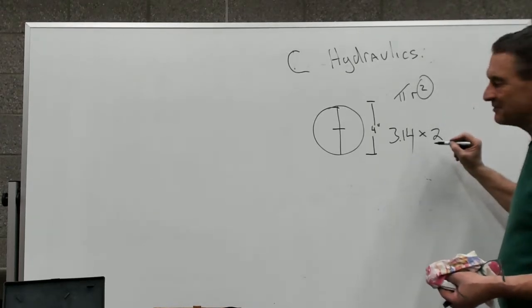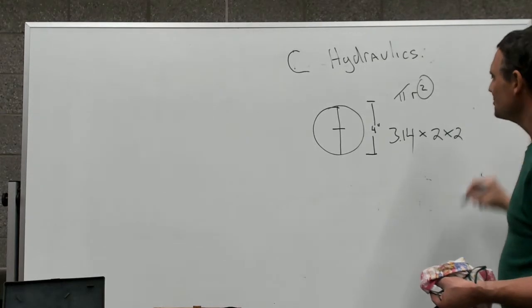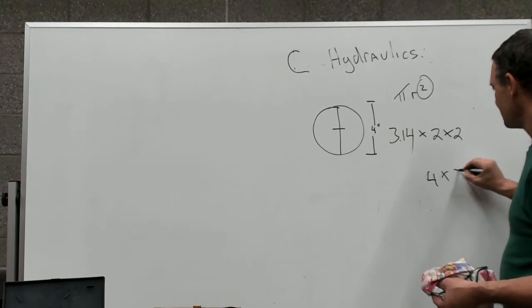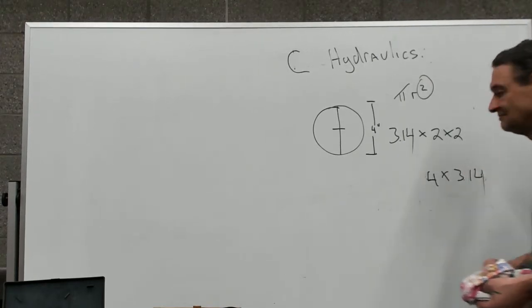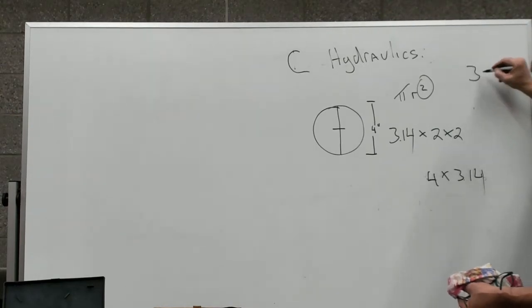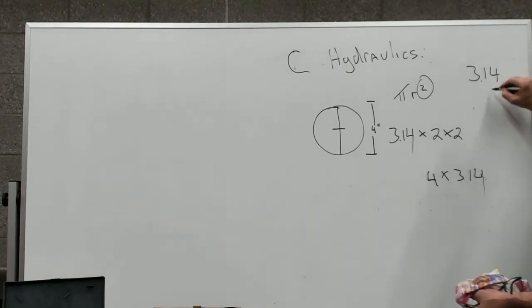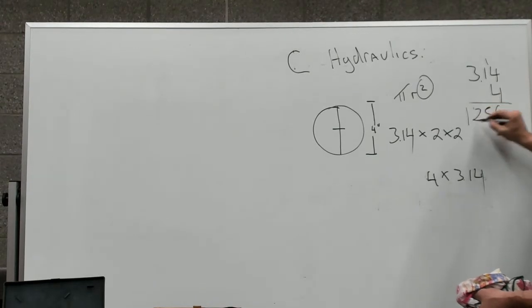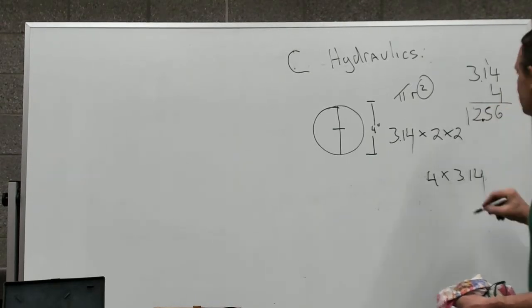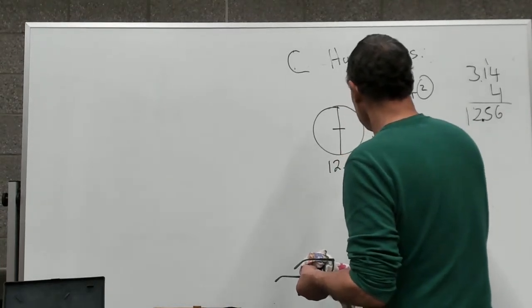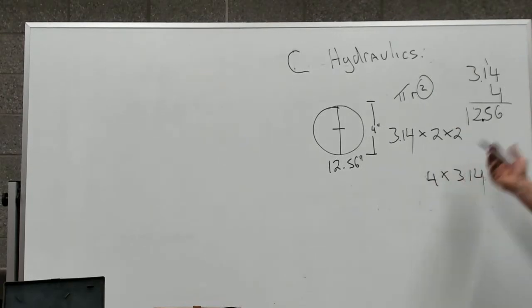When we square something, we times it by itself. 2 times 2 is 4, and then 4 times 3.14. You'll probably use your phone, but I'm going to do it manually here. 4 times 4 is 16, 4 times 1 is 4, 4 times 3 is 12, with two decimal places: 1256. The area of this circle is 12.56 square inches. That's the math you're going to have to do.